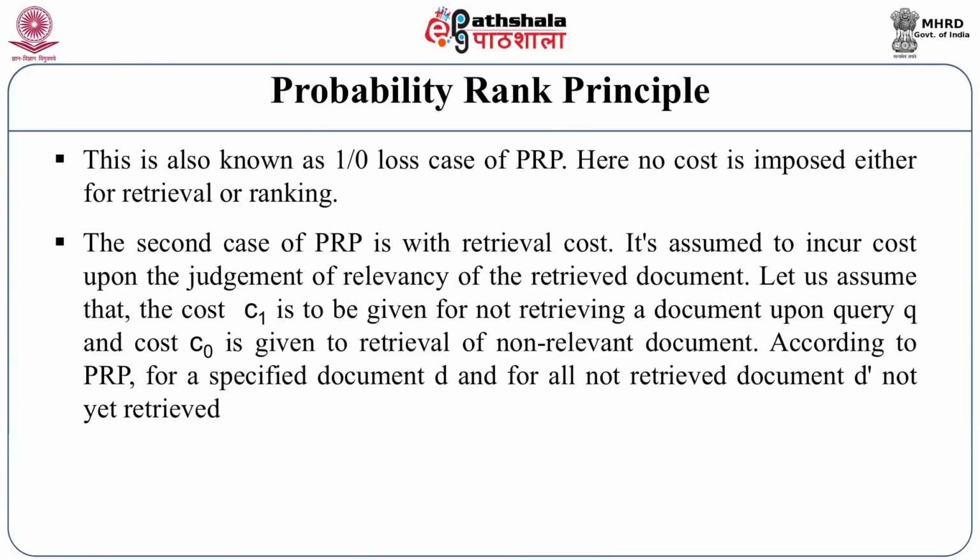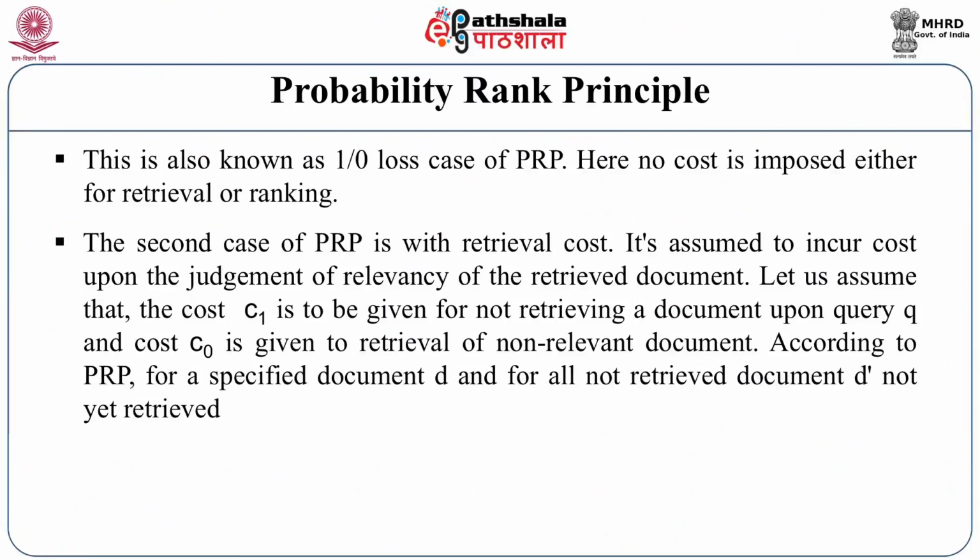The second case of the probability rank principle is incurring the cost according to the level of relevancy. It is assumed that cost is incurred upon the judgment of relevancy of the retrieved document. Let us assume that the cost C1 is given for not retrieving a relevant document for a query Q, and cost C0 is given for retrieval of a non-relevant document.